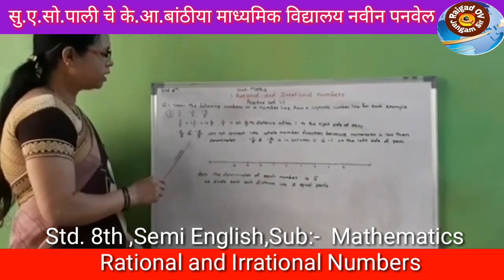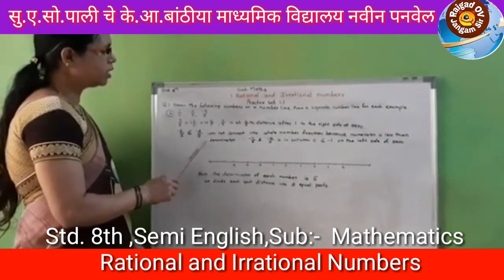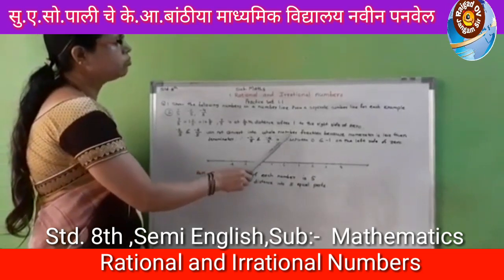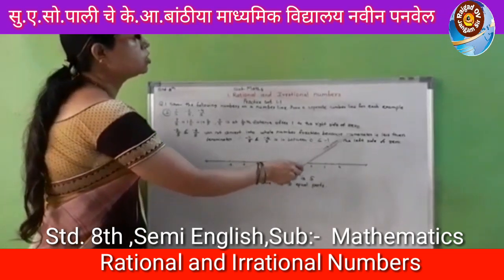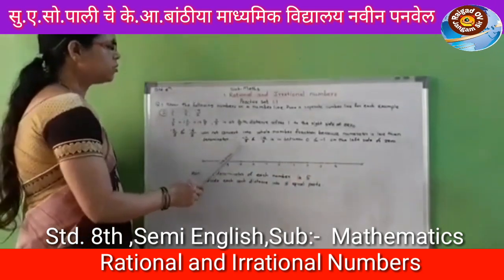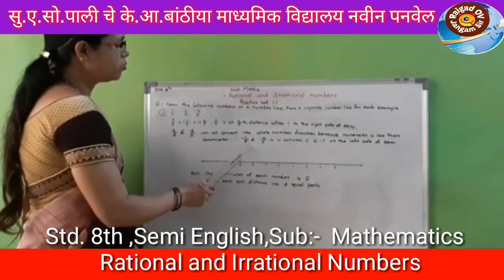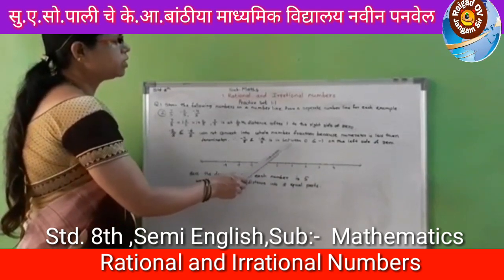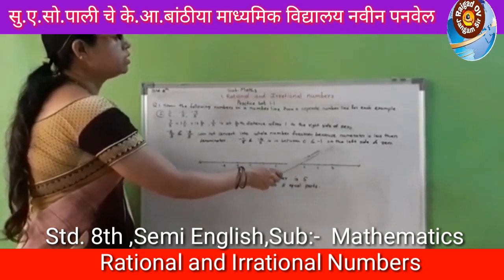Minus 2 by 5 and minus 4 by 5 cannot convert into whole number fraction because numerator is less than denominator. Therefore, minus 2 by 5 and minus 4 by 5 is in between 0 and minus 1 on the left side of 0.